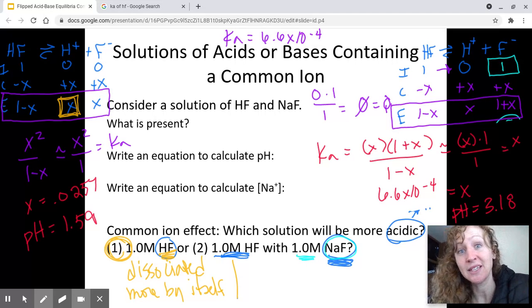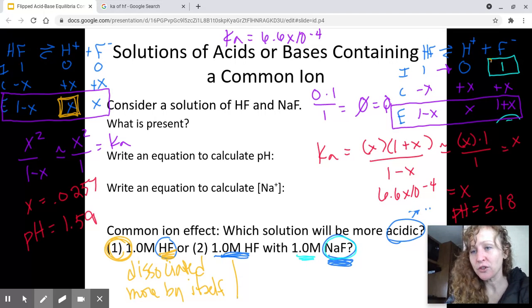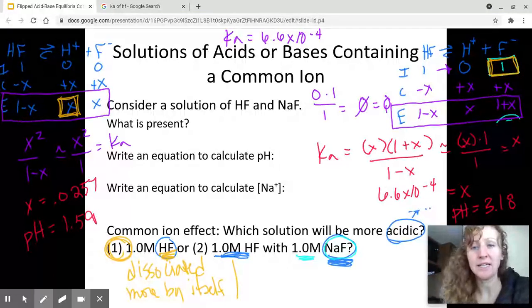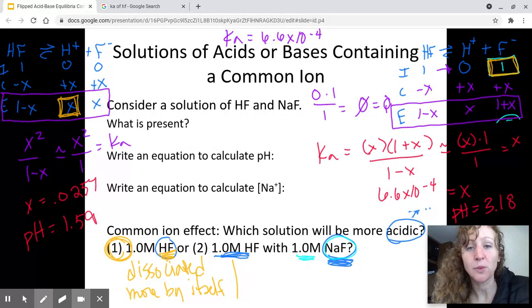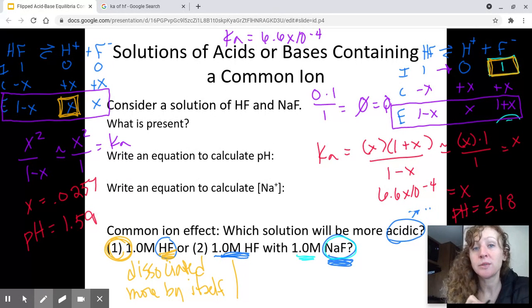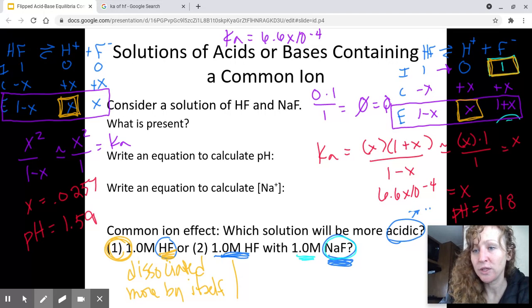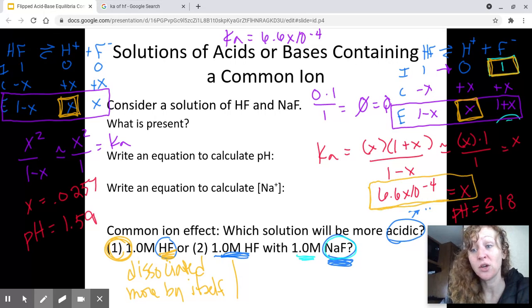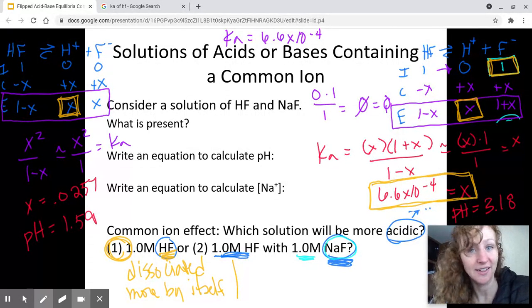Well, it's basically what we did. We introduced a stressor. We introduced F minus, right? And because F minus was present, our equilibrium didn't shift quite as much to that side. We ended with less of our hydrogen, right? Less of our HF dissociated, resulting in less of our hydrogen ion, which gave us a higher pH.